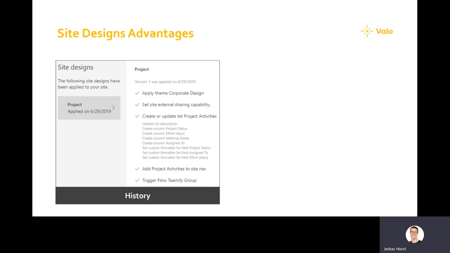It's a big benefit to users. Because here I can see what site design was applied, when it was applied, and what content was changed in my site collection. For instance, like in this example, I see that the theme was changed, that the list was created with different columns, and so on.